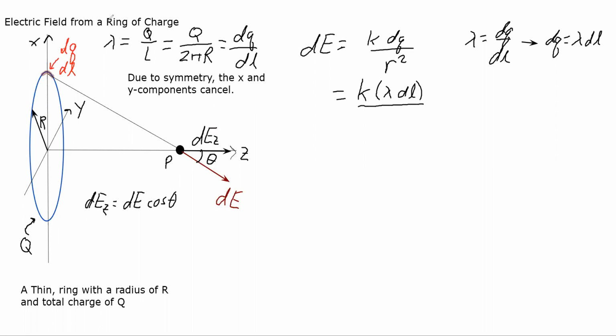Okay, and then r squared. What's r squared? It's this distance here, which I'll highlight. Now we've got to figure out what that distance actually means, so let's make a triangle with this line here and another line here. What values do we have for the sides?